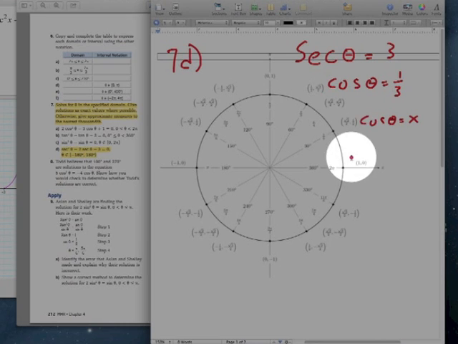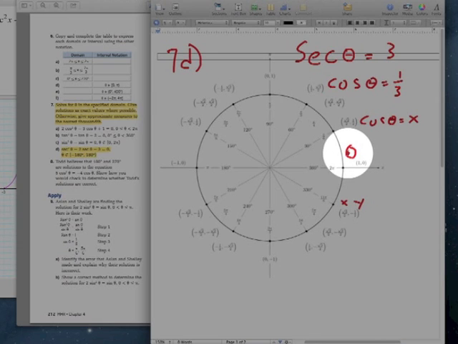You can take a look and see if any of them give you 1/3. If you take a quick look through, you'll find none of these have 1/3 in the x coordinate. If you need to remember, those are x and y. So what you're going to have to do is plug this into your calculator to find theta.